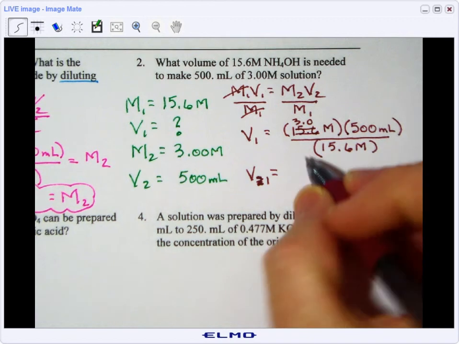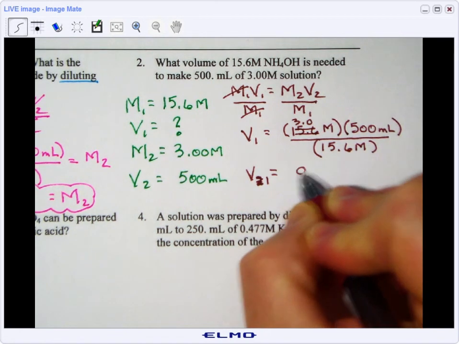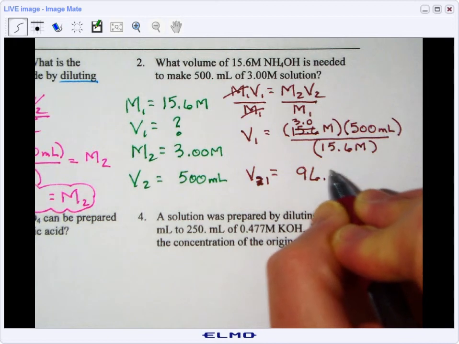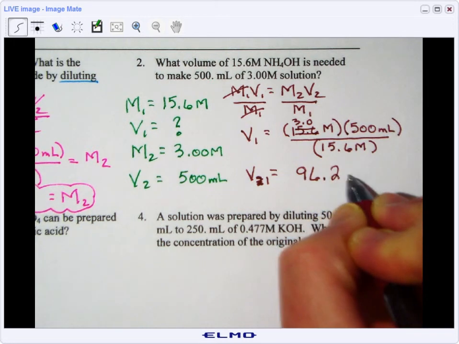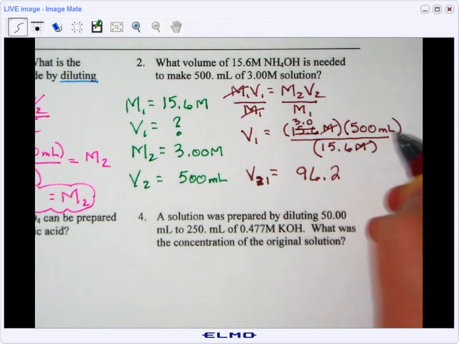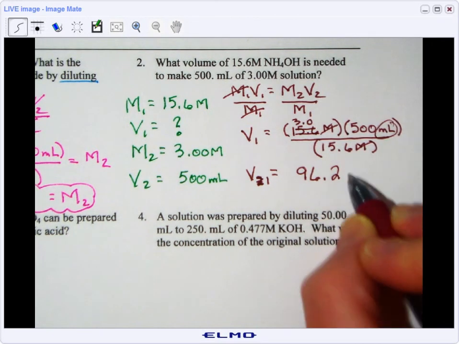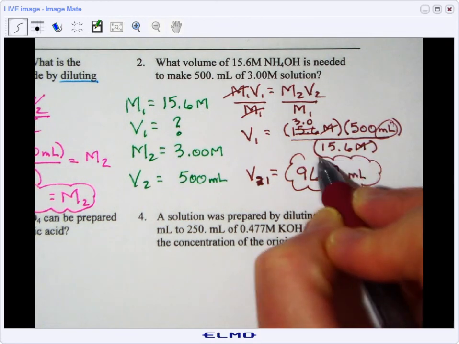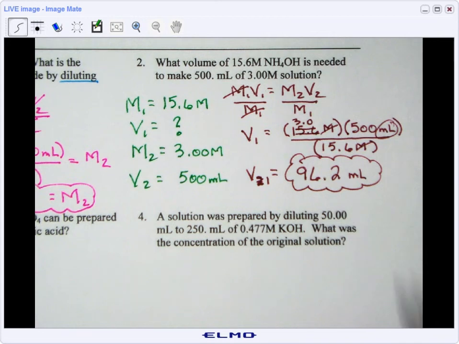Okay. 96.13. Okay, we'll just round that off to 96.2. What are my units? Well, the M's cancel, so it has to be milliliters. It's very important to put your units down because sometimes this is going to be milliliters, sometimes it's going to be liters. Let your math tell you what your units are going to be.